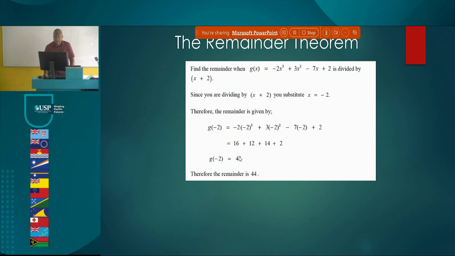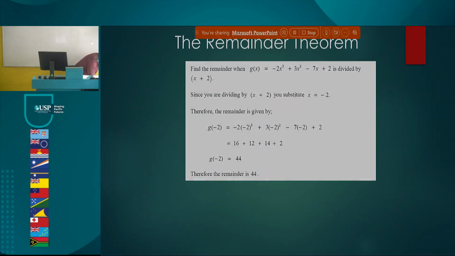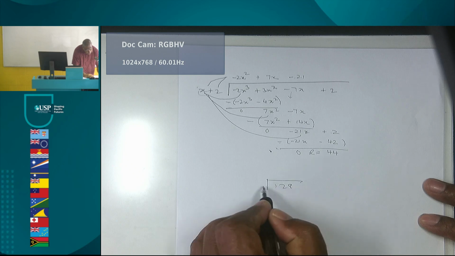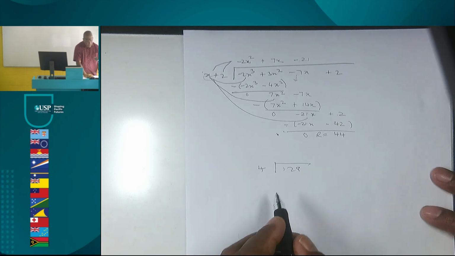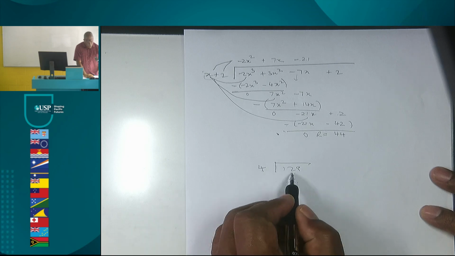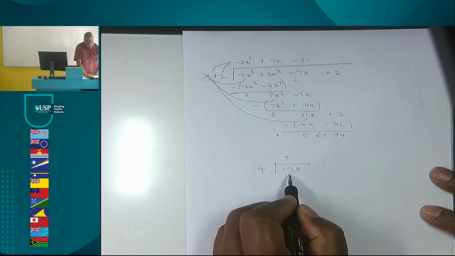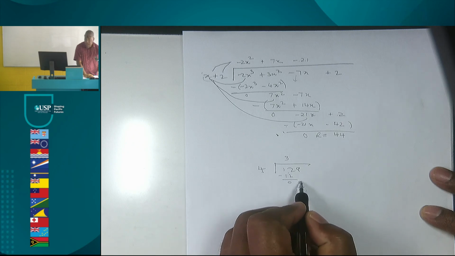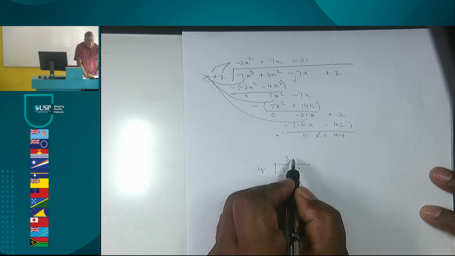What if the remainder is equal to 0? I think we discussed this yesterday. 128. If we do this, 128 divided by 4, 4 into 12, 0. Bring the 8 down. 4 into 8.